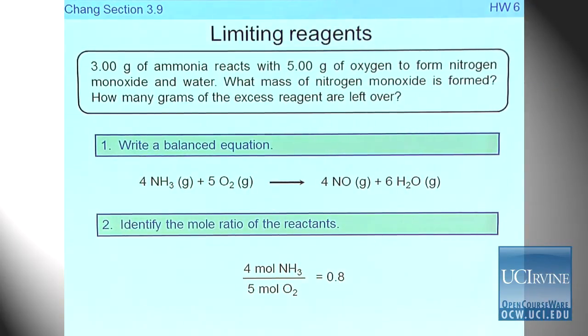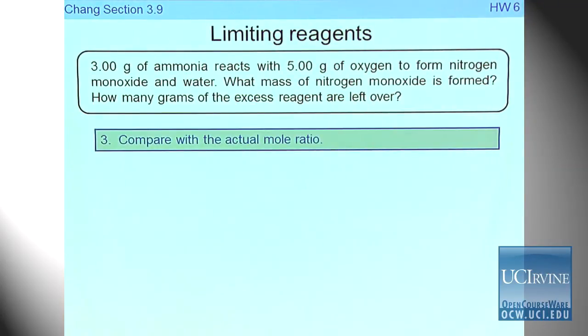Point A is the one we determined here. Now I'm going to determine the actual mole ratio. For that, I need these actual values. They are in grams, but I don't need grams, I need moles. So I'm going to convert these 3 grams and 5 grams into moles by dividing by their respective molar masses.